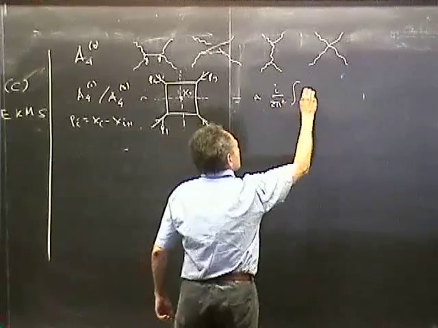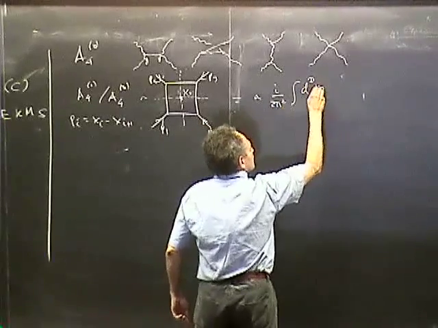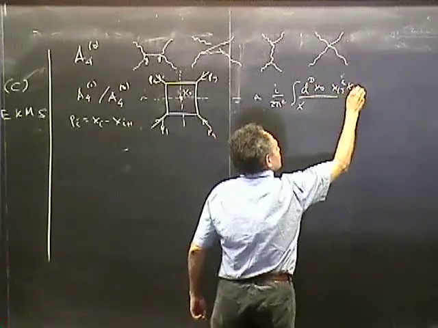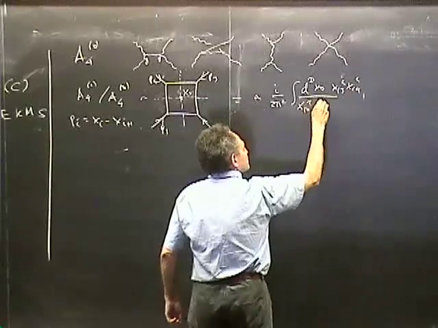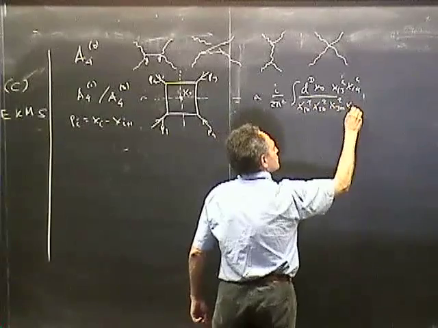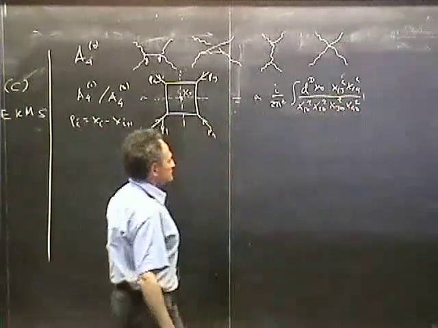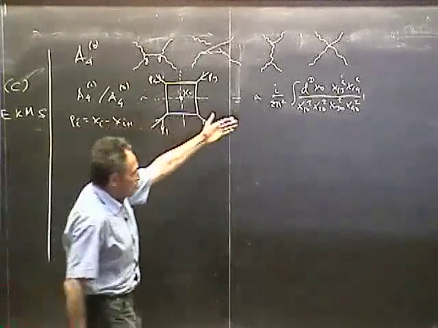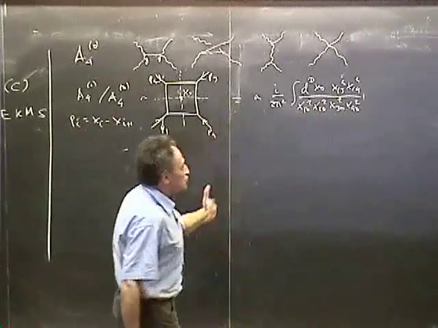which goes over this central coordinate, connected with the external points by propagators, right? And as you know, this was the starting point for discussing dual conformal symmetry.